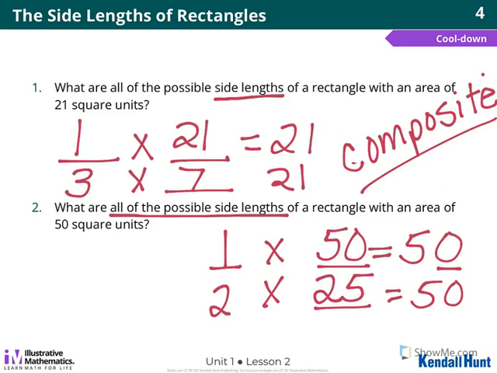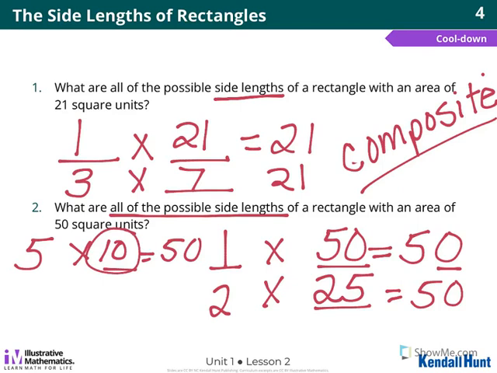3 doesn't go into 50. 4 doesn't go in there. Oh, I know 5 goes into 50. 5 by 10. 6 doesn't go in. 7 doesn't. 8 doesn't. 9 doesn't. 10 does.